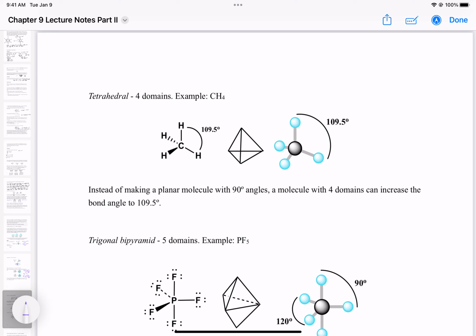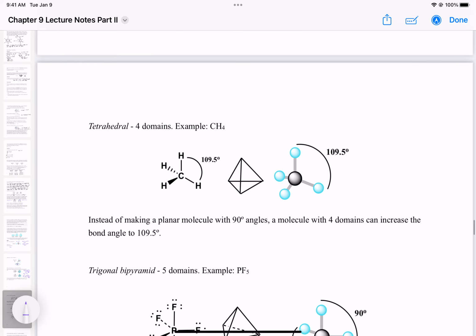So in this case, for methane, the electron geometry is tetrahedral, and the molecular geometry is also tetrahedral.